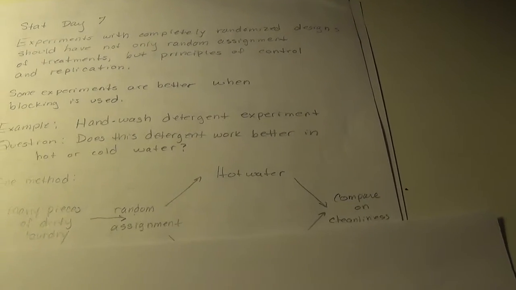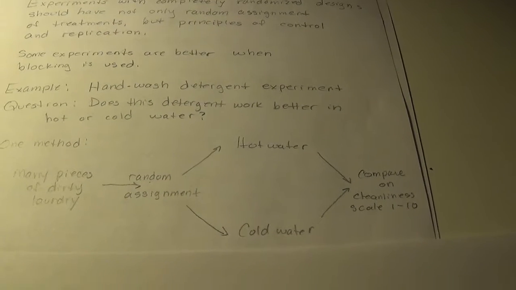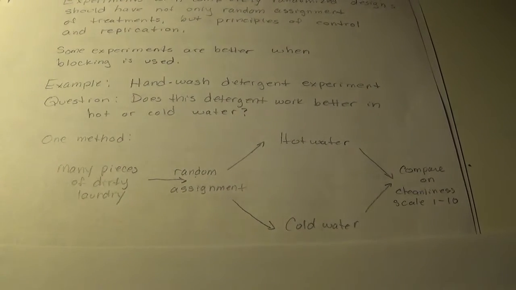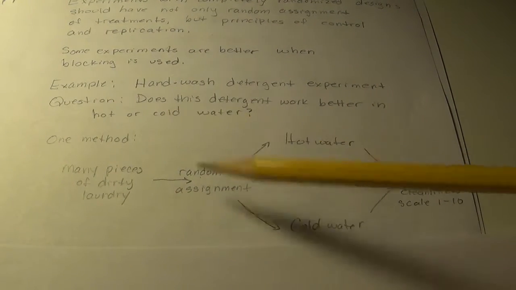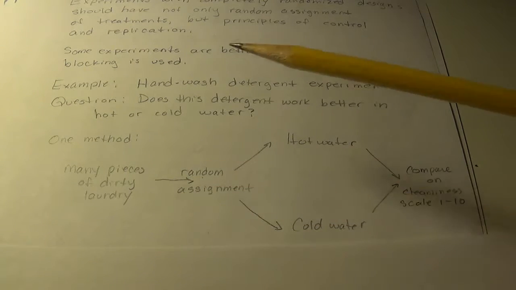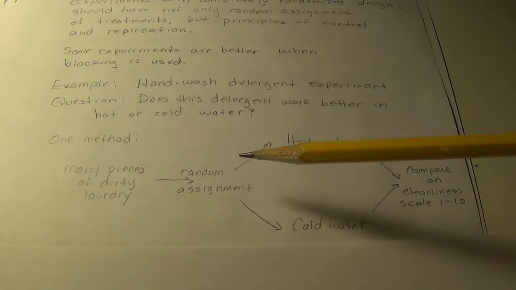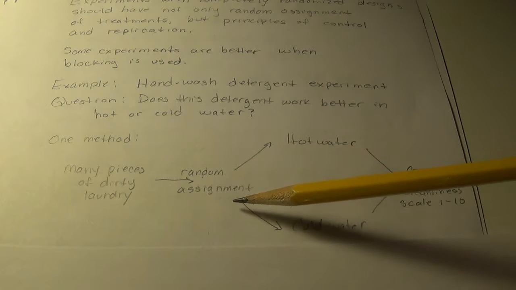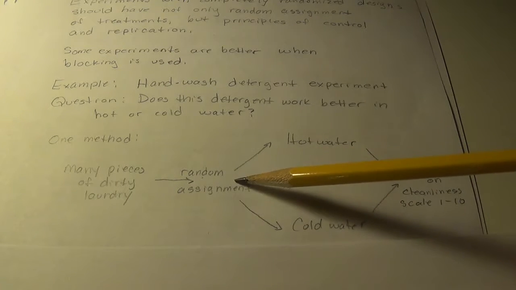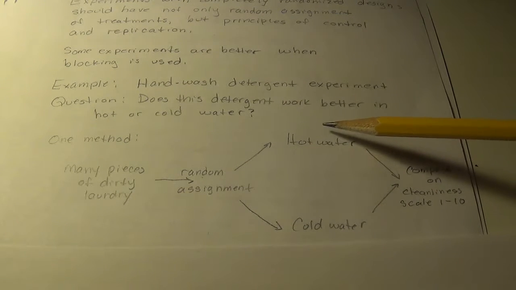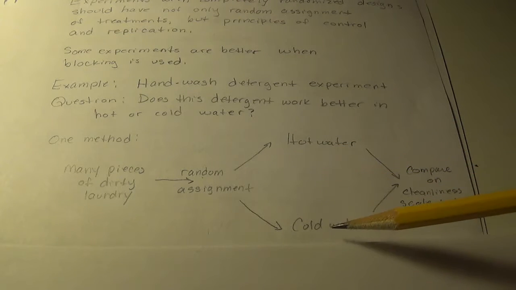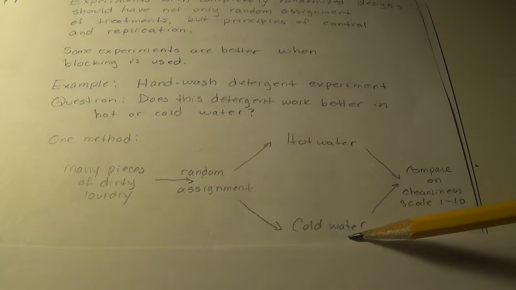So one method, and this is what we've seen so far, would look like this. You're going to take many pieces of dirty laundry, and you're going to do a random assignment between them. Half of them are going to go into the hot water, and the other half will go into the cold water.